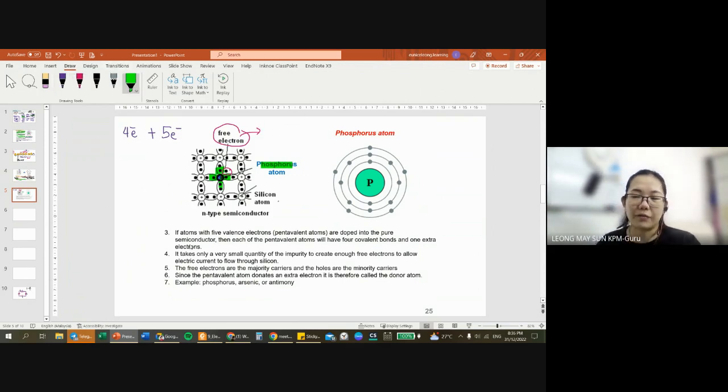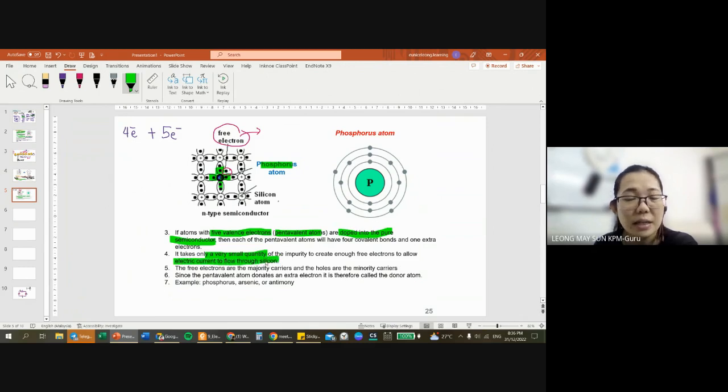So in terms of the concept, if an atom with 5 valence electrons, or a pentavalent atom, is doped into the pure semiconductor, dope means to add in, then each of the pentavalent atoms has 4 covalent bonds and 1 extra electron. So all we need is a very small quantity of impurities to create enough free electrons to allow electric current to flow through the silicon.